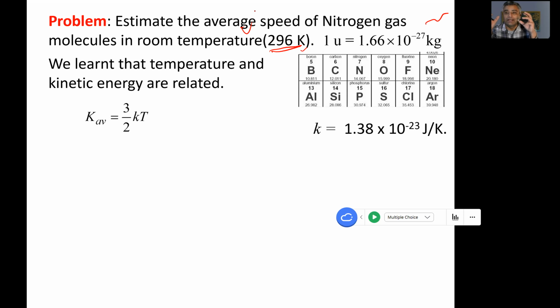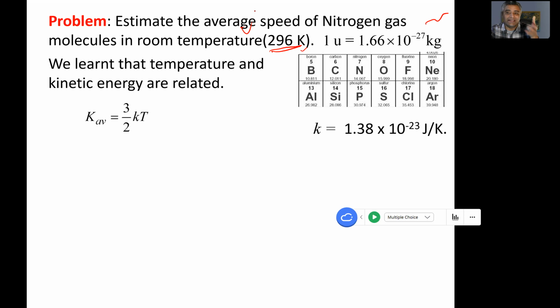So see, you have air inside this room, and air is mostly made up of carbon dioxide, oxygen, and nitrogen, right? Others, they are just traces. So now, if you want to find how fast the nitrogen molecule is moving in a room temperature, how fast it moves simply depends on room temperature, see? So by knowing just the temperature, you can estimate the average speed of the nitrogen molecules.